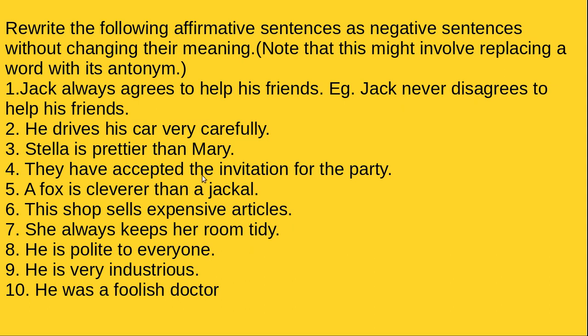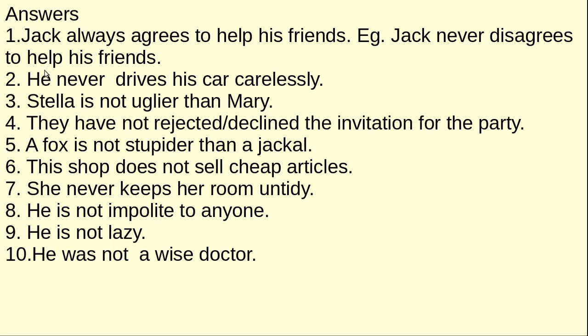Accepted, declined, or rejected. Clever, stupider. Expensive, cheap. Tidy, untidy. Polite, impolite. Industrious can be lazy. Foolish means wise. Then you can do it yourself. Pause the video and write it. After that, let us see the answers.